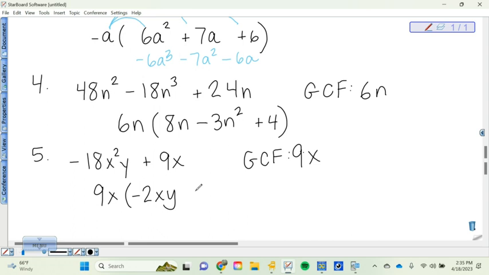And then what? Is that it? 1 plus 1, right? It's tempting to think, okay, I had 9x and I took 9x out, so it's tempting to just forget about it. But remember, if we redistribute, you need that 1 there as a placeholder so we don't lose that 9x. Does that make sense?